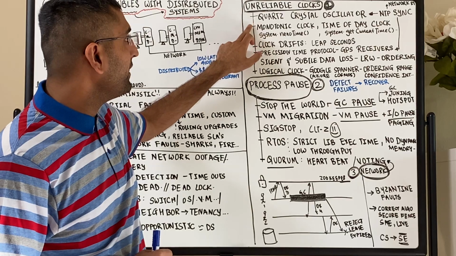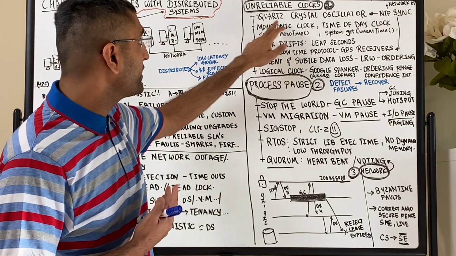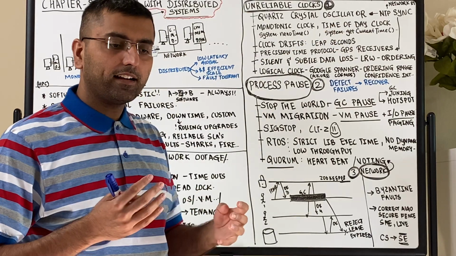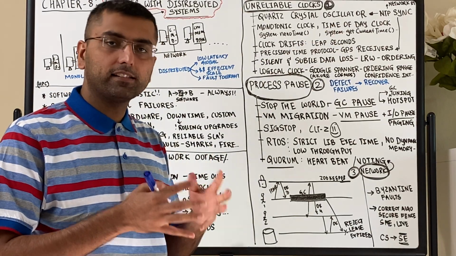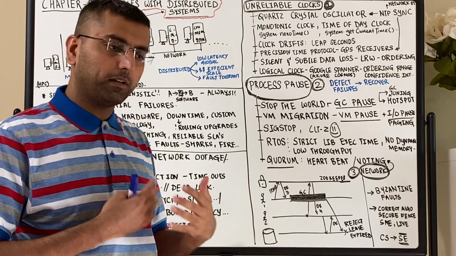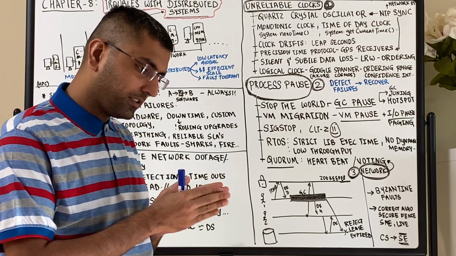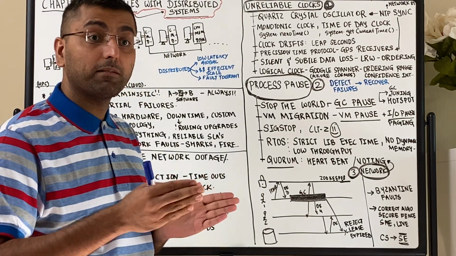So typically, how does the clock work in the computer? There's a quartz crystal oscillator used as hardware inside every computer that gives you the notion of time and clock. It moves at a specific rate, and so you know what the time is.